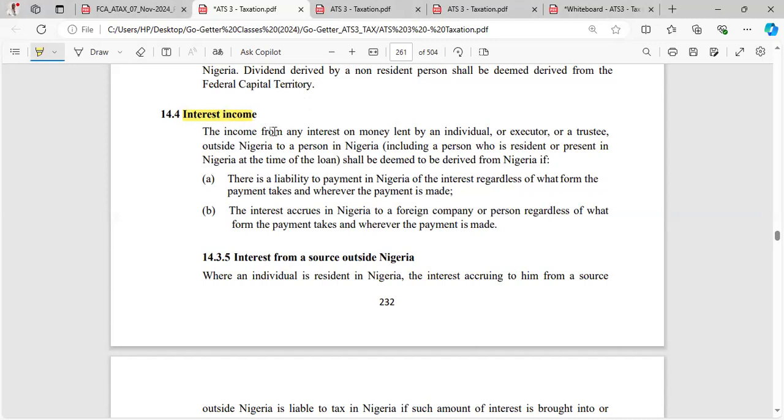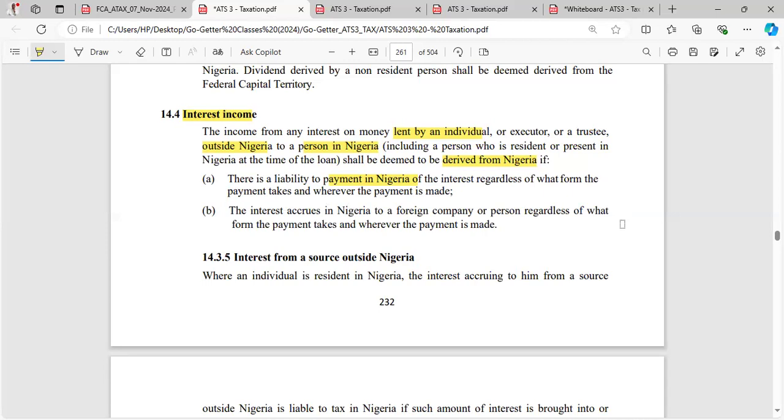So income from any interest on money lent by an individual, executor or trustee outside Nigeria to a person in Nigeria, including a person who is resident or present in Nigeria at the time of the loan, shall be deemed to be derived from Nigeria if there is a liability to payment in Nigeria of the interest, regardless of what form the payment takes, whenever the interest accrues in Nigeria to a foreign company or person.